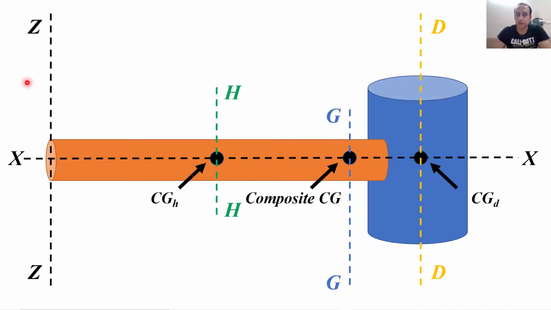What else do we have? We have a reference line. This is not an axis. This is a reference line parallel to the axis ZZ, located at the end of this wooden handle, irrespective of whether the handle is intruded into the head or not.